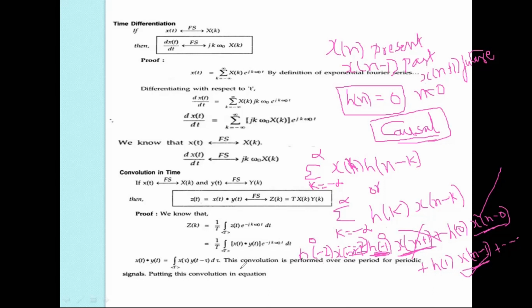So all the future inputs with the multiplication factor h of n equal to 0 for n less than 0 make it causal. If this condition is satisfied, we can call it causal. If not satisfied, it also depends on the future inputs, a non-causal system.